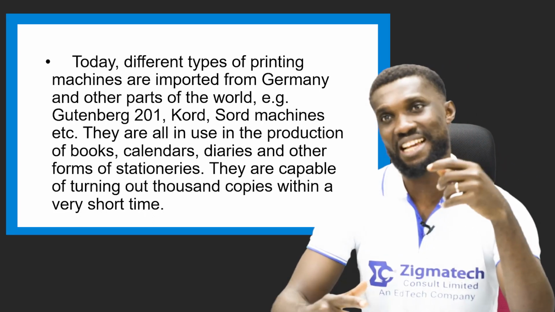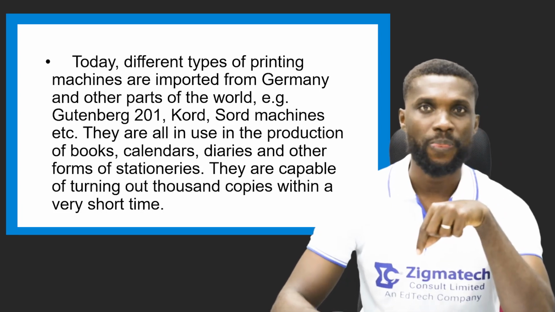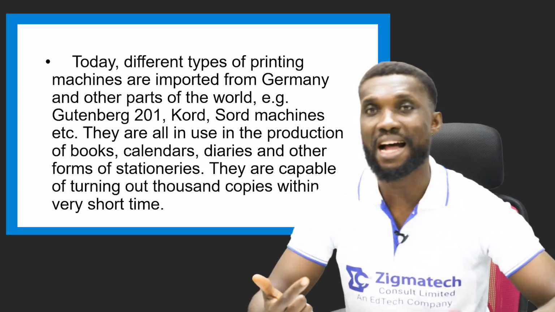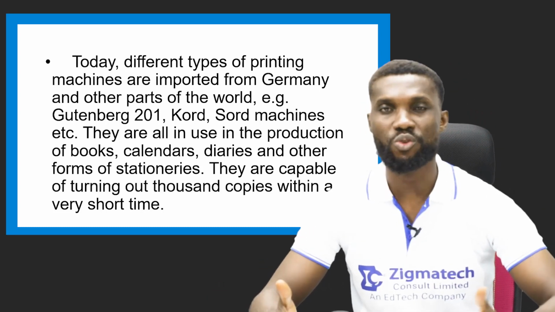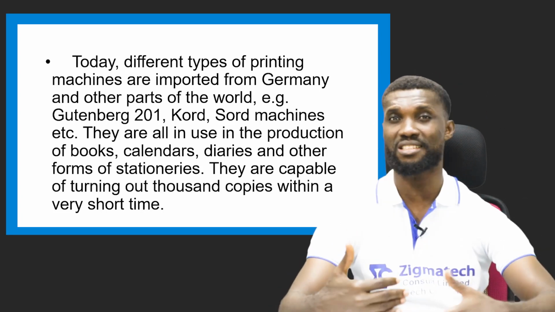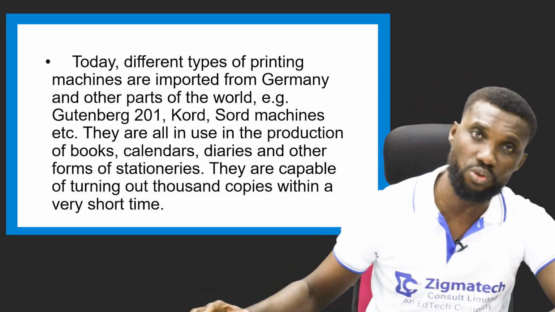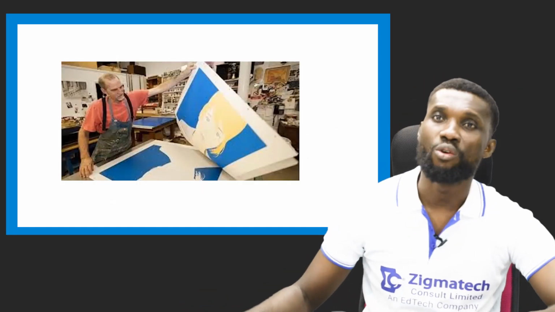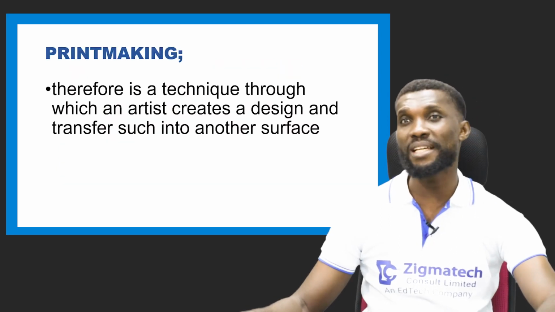And I told us that in Egypt, they did more of the relief kind of printing, which I told you about with the catacombs, the pyramids and the mummies. So these are some of the things I want you to know at the back of your mind, so that whenever you see any question that is related to printing, you can channel them together and get exactly what you are looking for. As we proceed in our class, we're going to explain that better.